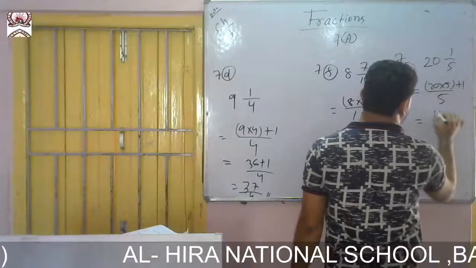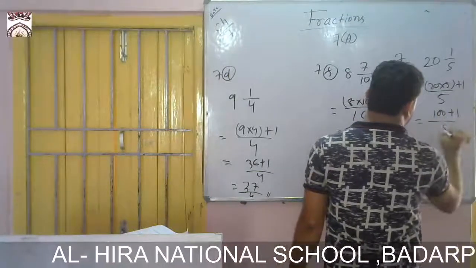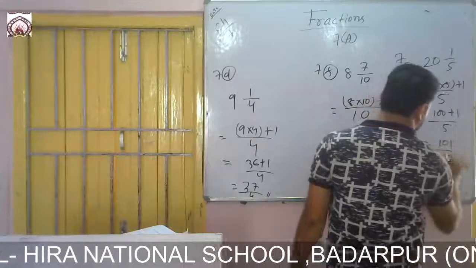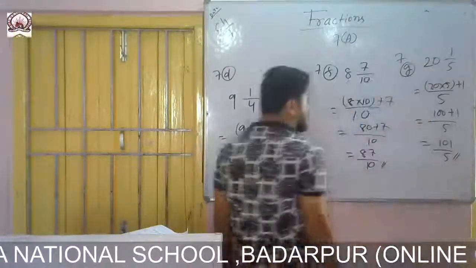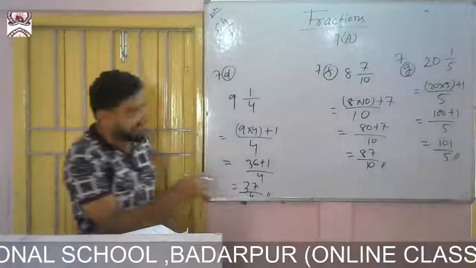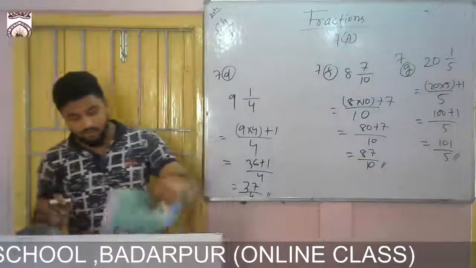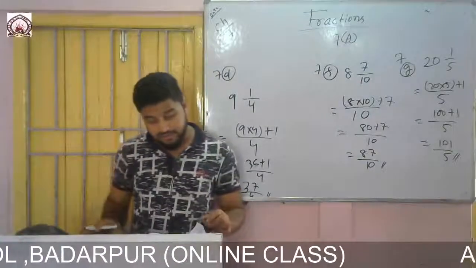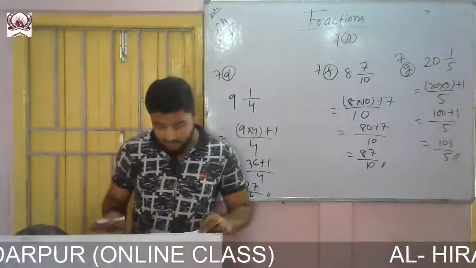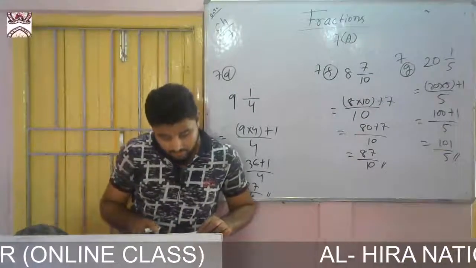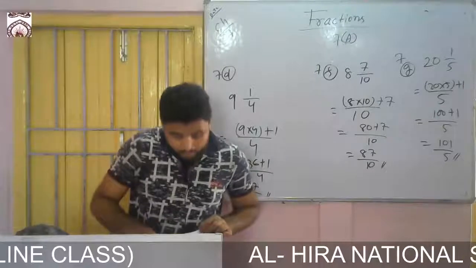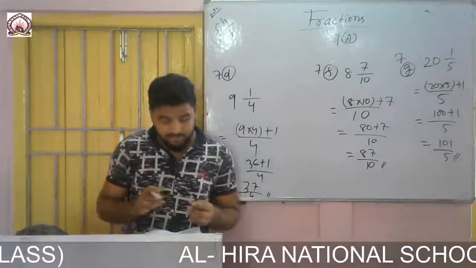So 5 twenties are 100 plus 1 by 5. So 101 by 5. Okay, 101 by 5. So this is the end of exercise 7A. Now come to exercise 7B.